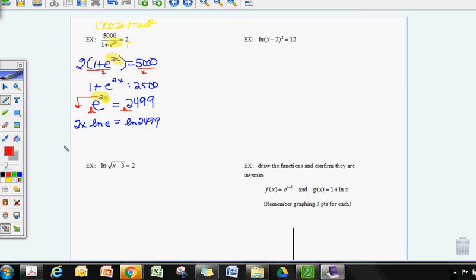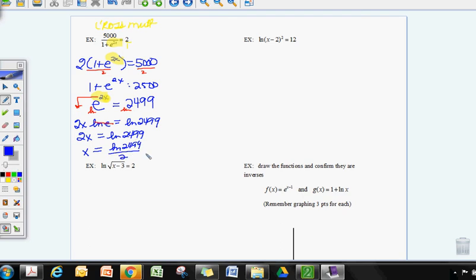The natural log of e is 1. Boom, gone. So I'm left with 2x equals the natural log of 2499, and x is going to equal the natural log of 2499 divided by 2.